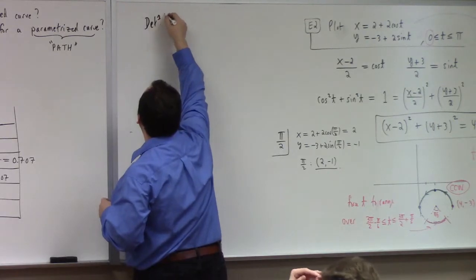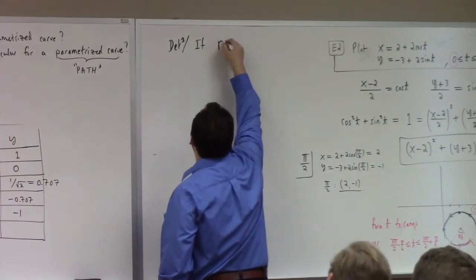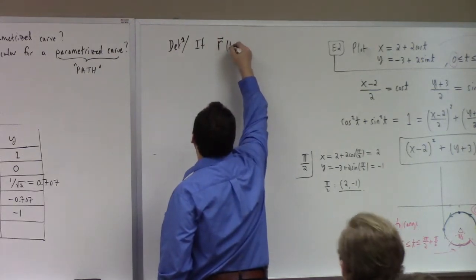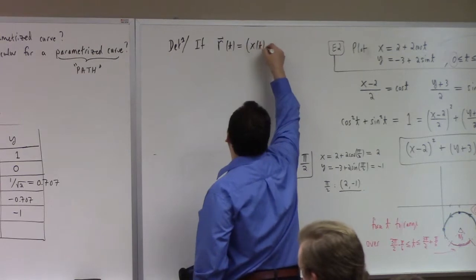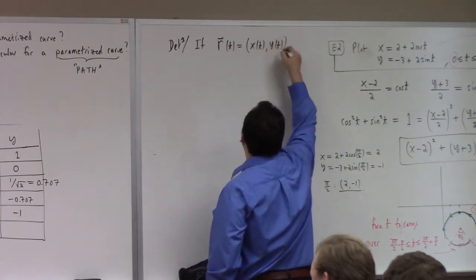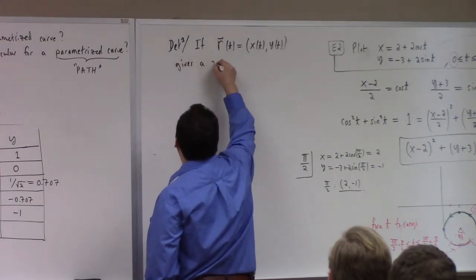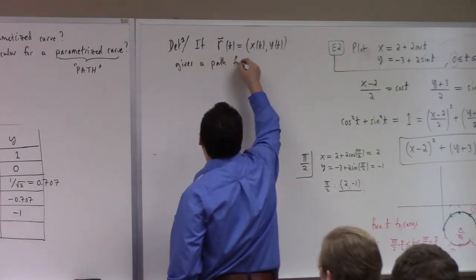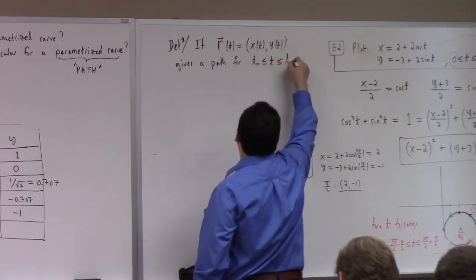I need some notation here. Let's say r vector of t equals x of t comma y of t gives a path for, say, t naught less than or equal to t less than or equal to t1.